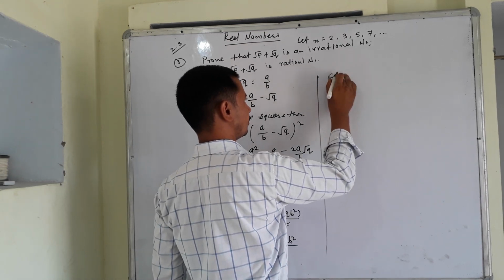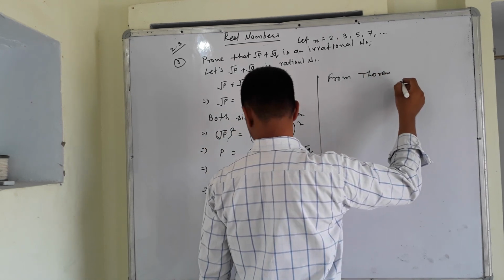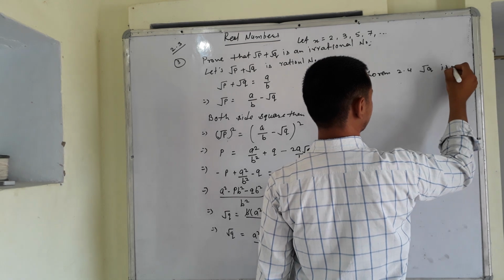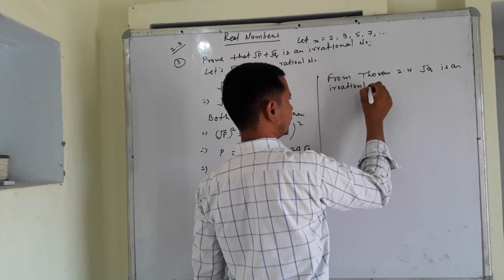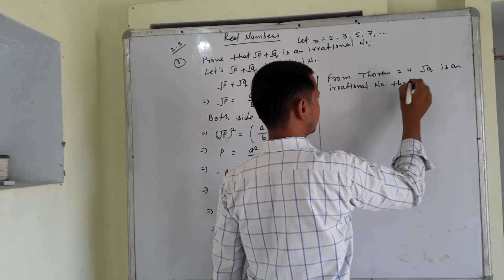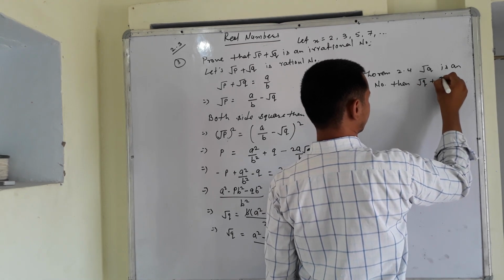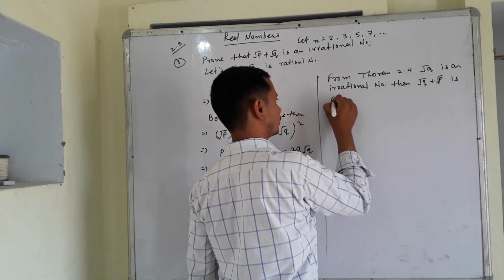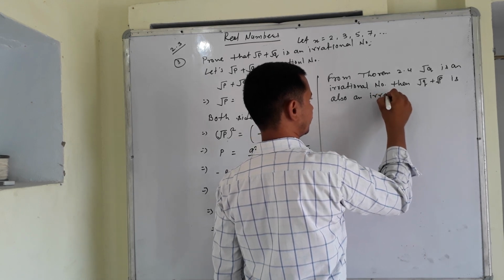Okay, from theorem 2.4, square root q is an irrational number, then root q plus root p is also an irrational number.